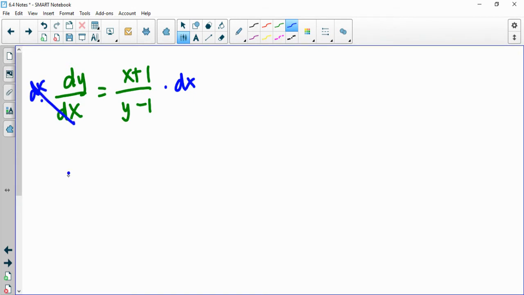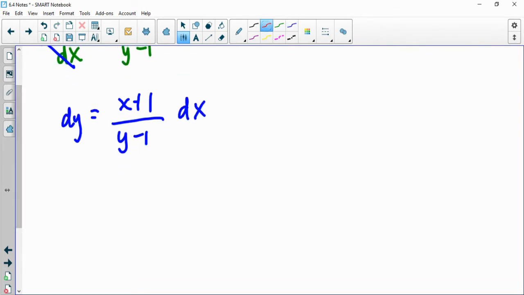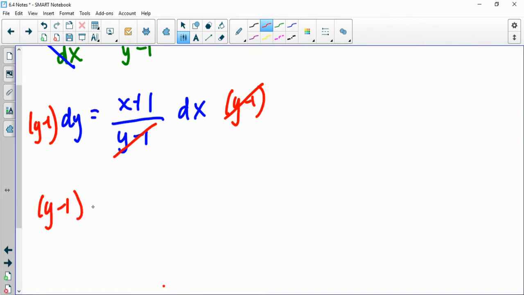Those cancel. So now I got dy equals x plus 1 over y minus 1 dx. And then I'm going to multiply both sides by y minus 1 so that those guys cancel. So now I have y minus 1 dy equals x plus 1 dx.